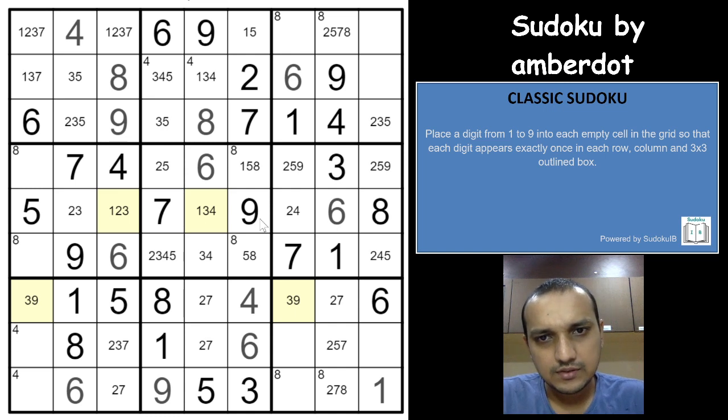Come on guys, what are we missing here? One is in one of these two cells.